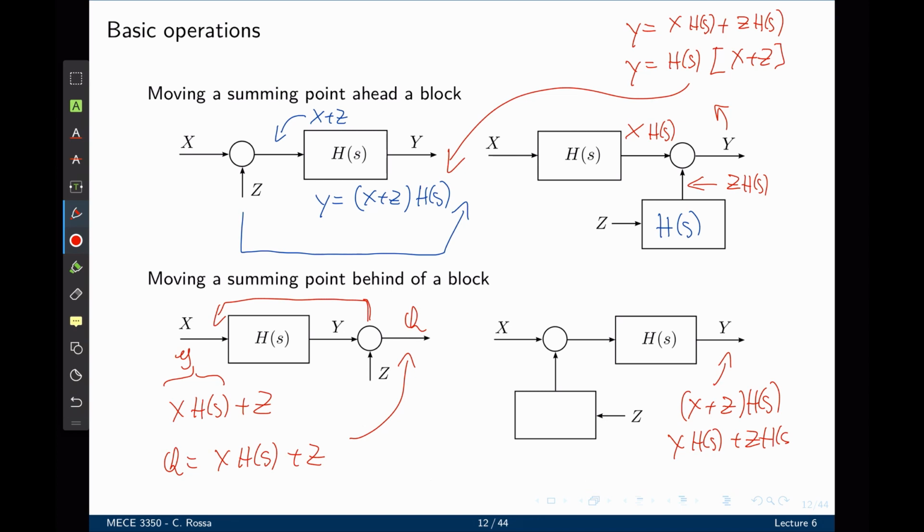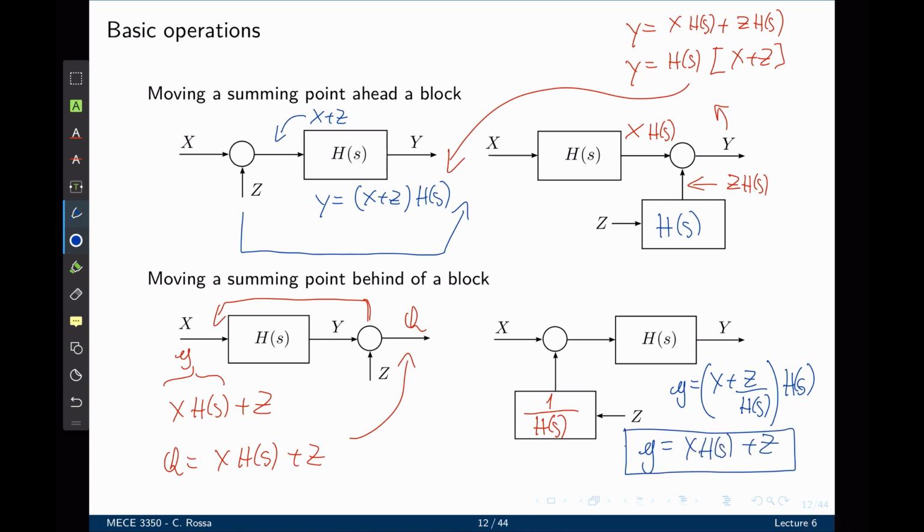But to compensate for this manipulation, now z needs to be multiplied by 1 over h of s. And now the new output y is simply x plus z over h of s, all times h of s. And this now simplifies to x h of s plus z. And this is indeed what we had originally.